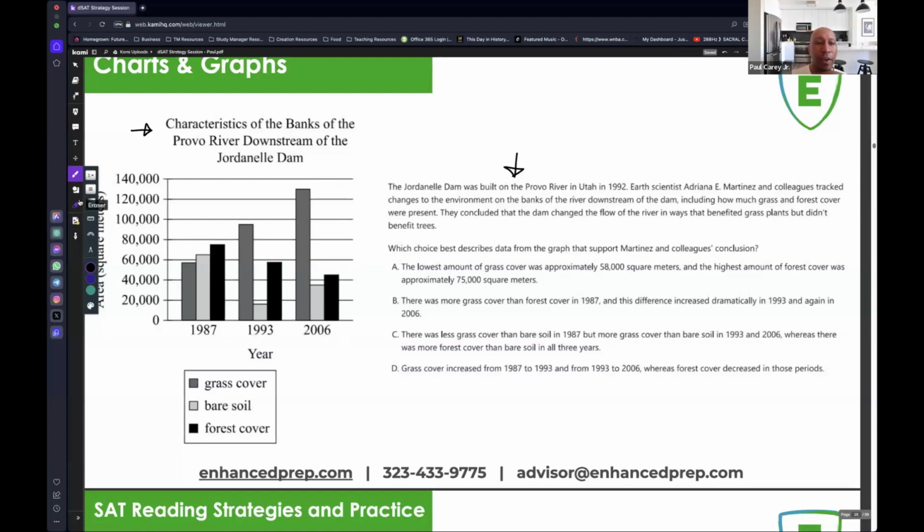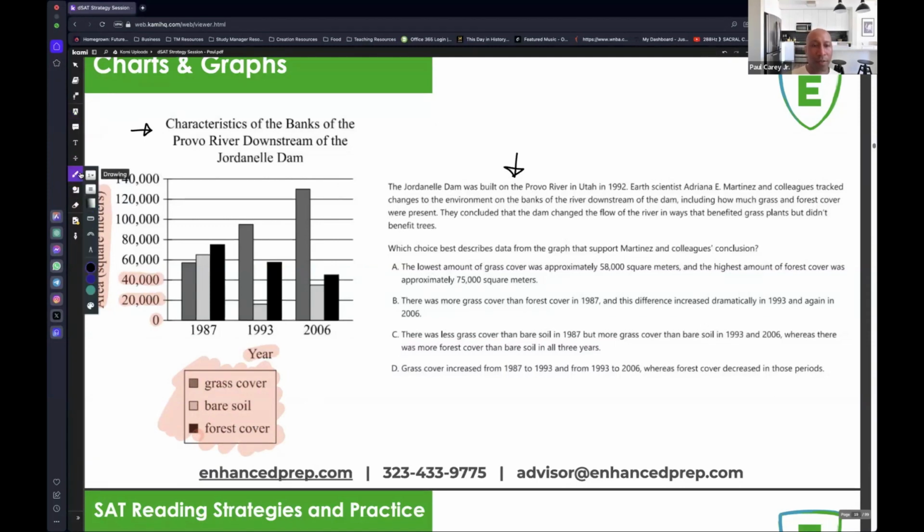We want to look at the graph and see what information is there and how that can be helpful to us. So we want to make sure that we're looking at the key or the legend, right, to see what the different values are going to be. And then we want to look at our axes. So we have years, we have area in square meters. Make sure you keep in mind the units that are going to be there as well. And then we also see that our change is by 20,000 each time, right?